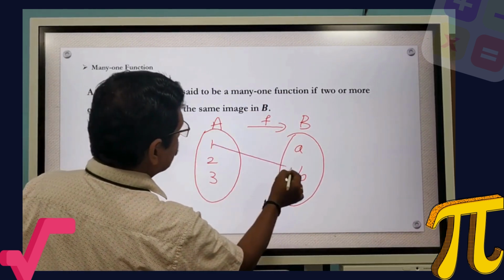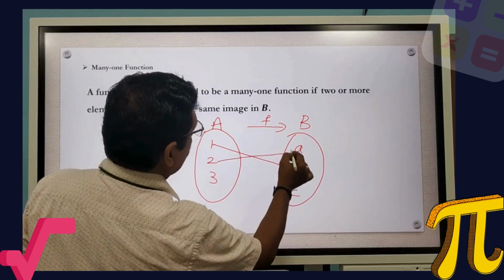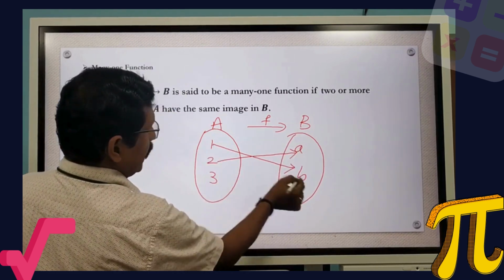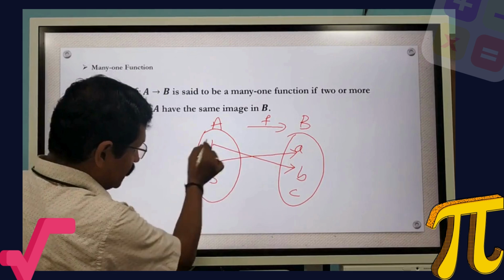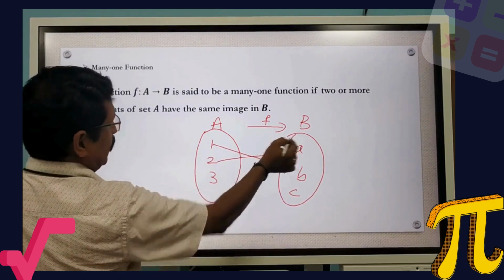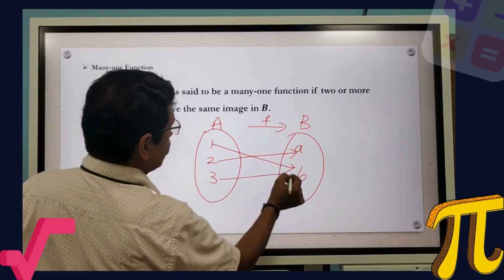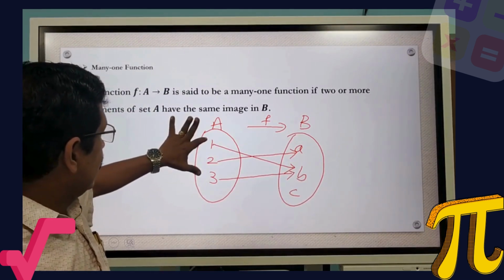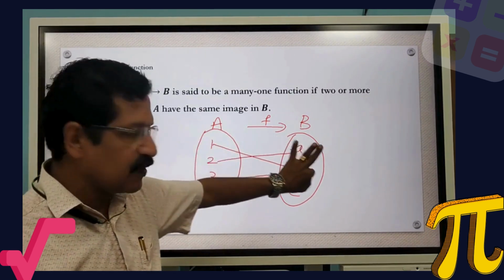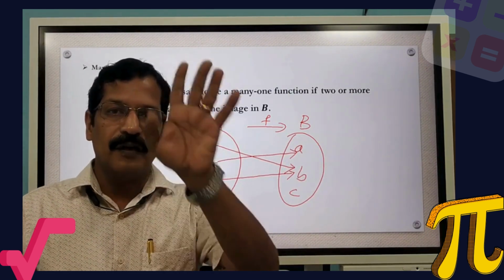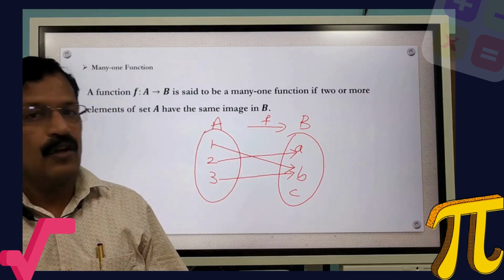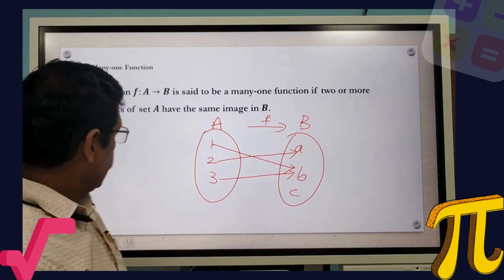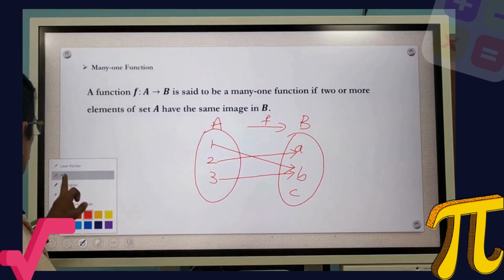Suppose 1 is mapped to b, 2 is mapped to a, suppose 3 is also mapped to b. You can see that the elements 1 and 3 are mapped to the single element b, then the function is many-one function. Of course, the constant function is also a many-one function. So this is a many-one function.